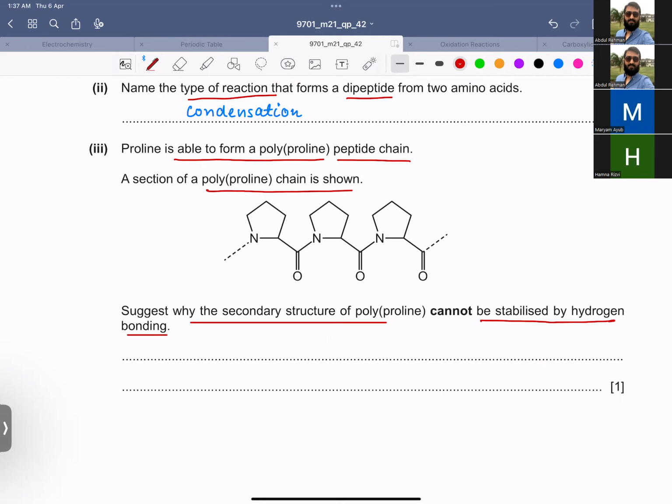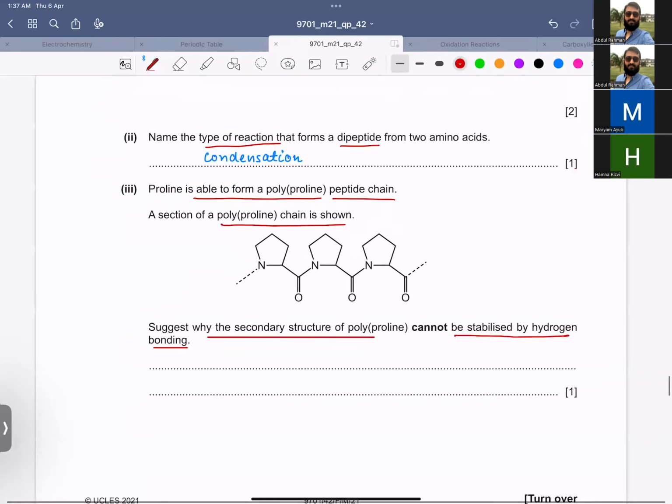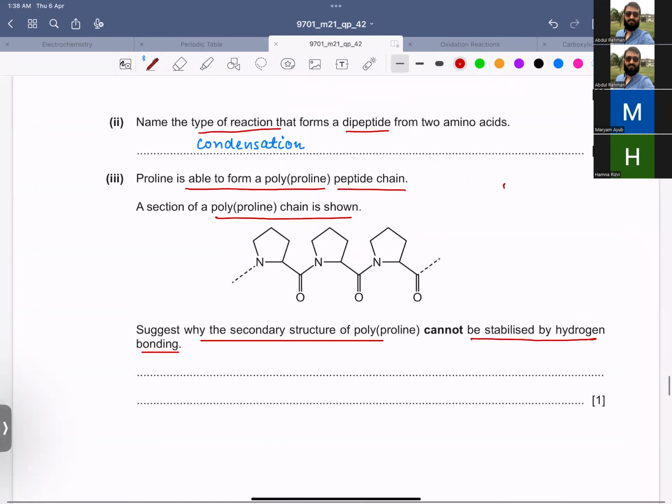Yes, can anybody look at the structure and tell the answer, because this answer can be concluded by observing the structure only. And let me draw the proline over here so it might help you. The proline is this structure.